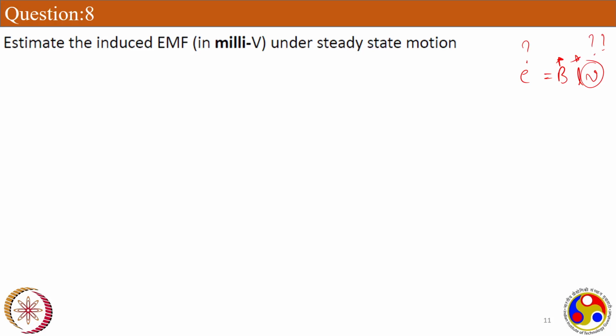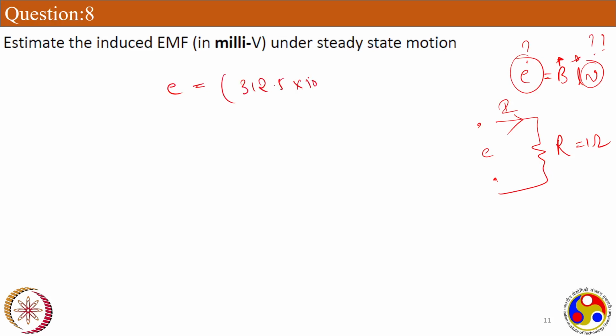But of course, we already know the current that is passing through the load, which we have just calculated using the left hand rule. Now you have to calculate the E, but by seeing the figure, there is a resistance whose value I already know, and I also know the current flowing through it. Simple Ohm's law. Now based on that, E will be 312.5 milliamps multiplied by 1 ohm resistance.